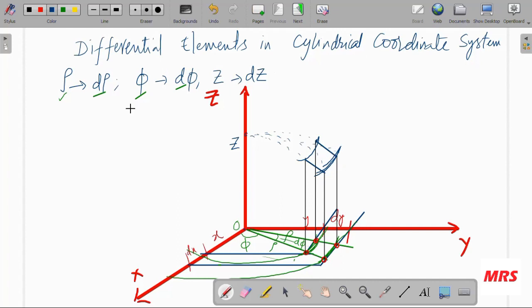Now again, as rho is incremented with d rho, phi with d phi, then finally z with dz. If this is z, this is incremented with dz. So all the 4 points are again incremented with dz along the z-axis. Let us increment all the 4 points by the distance dz towards the z-axis.